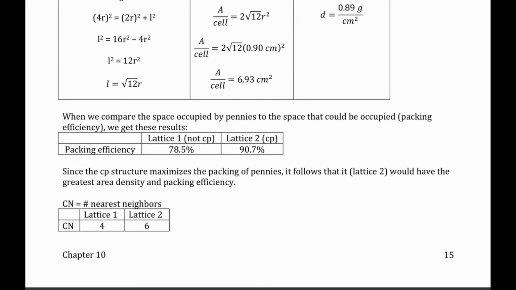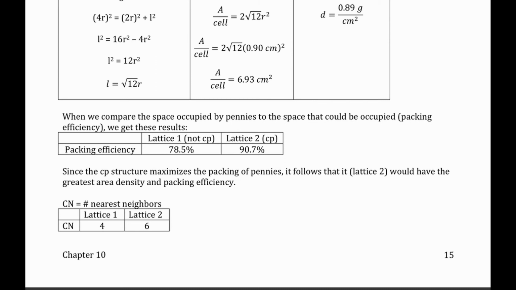When we compare the space occupied by the pennies to the space that could be occupied, this is called the packing efficiency. We have not proven this here; in the activity that you will do on crystalline solids, you will see that calculation.